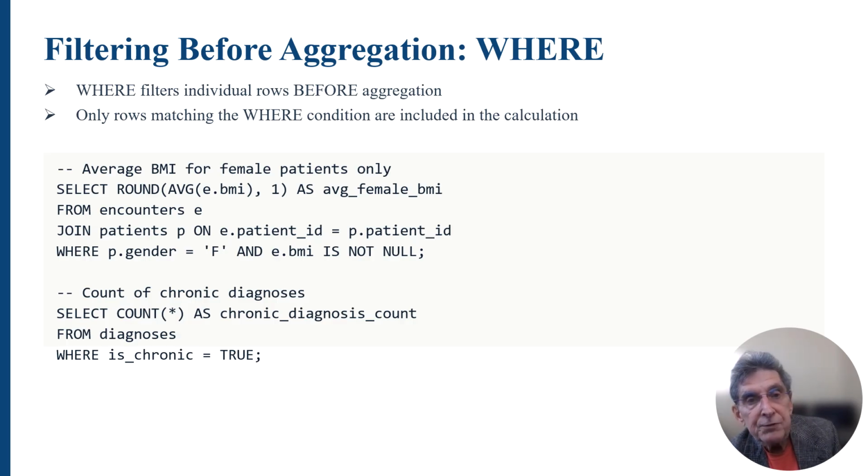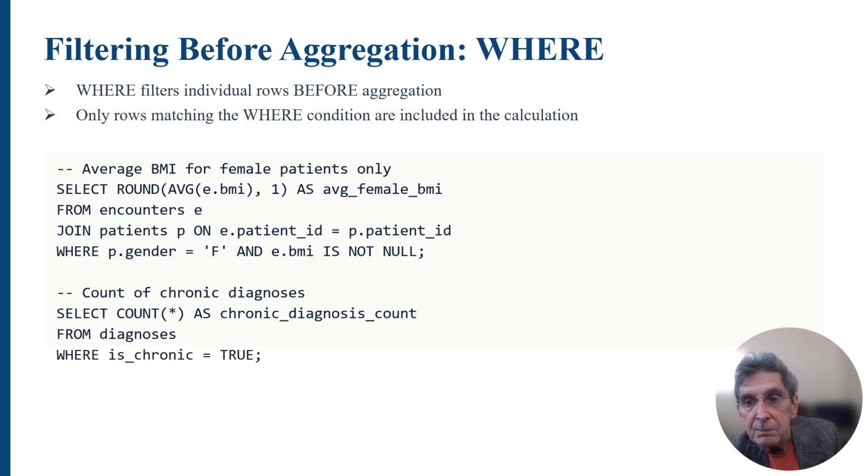All right, what do we do about filtering before aggregation? The where clause. This slide reinforces a critical concept. The where filters individual rows before the aggregation begins. Only the rows that pass the where condition are included in the aggregate calculation. So the first example calculates the average BMI for female patients only.